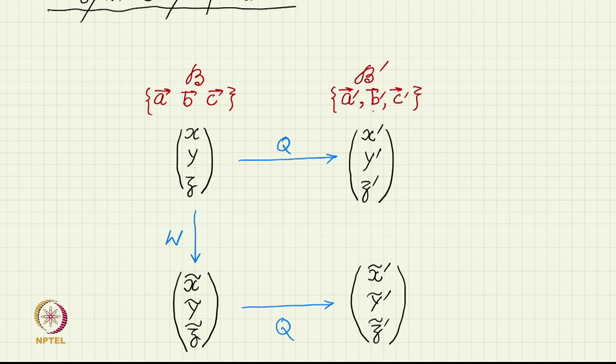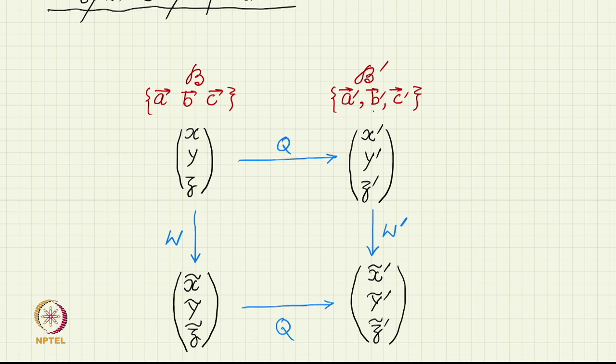So, although it is the same rotation or the same reflection which took x y z to x tilde y tilde z tilde, that same rotation will take x prime y prime z prime, which is just a different name of the same vector, to x prime tilde y prime tilde z prime tilde, the name of the rotated, transformed vector. So, the transformation is the same, but its representation is going to be different. Let us call that W prime.